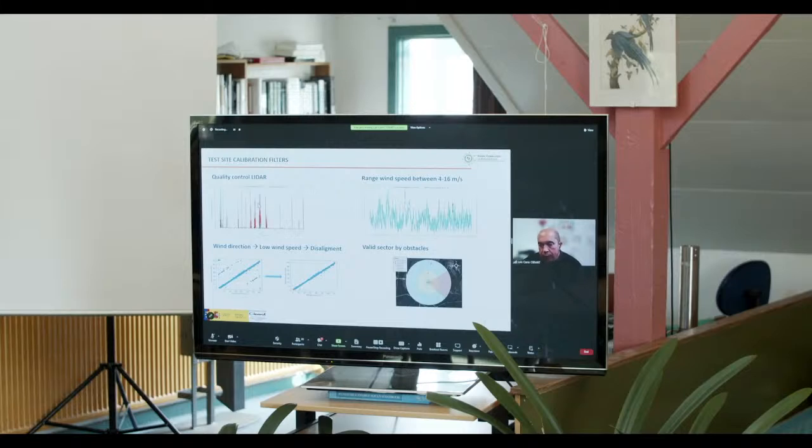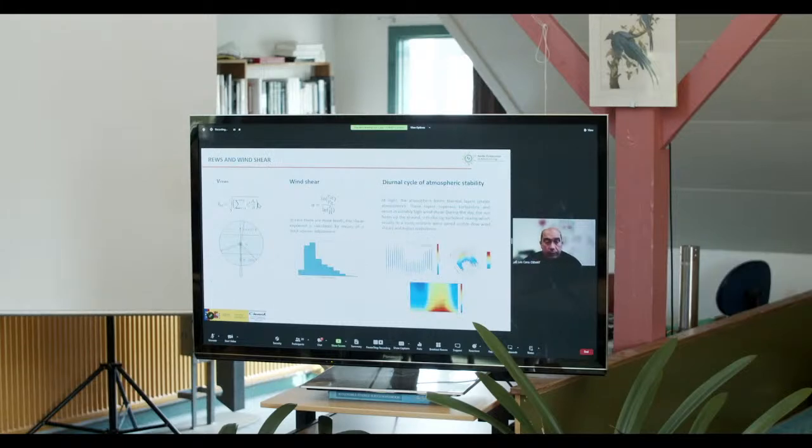And finally, we have obtained our valid sector to measure the power performance of the wind turbine. So you can see that it is more or less north, west, and south.